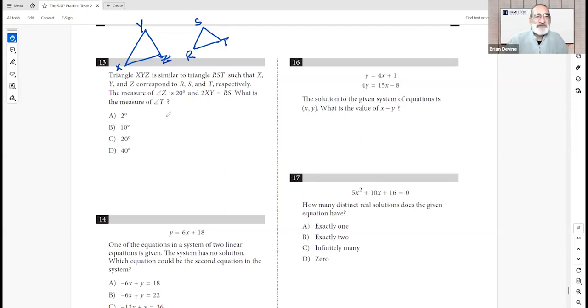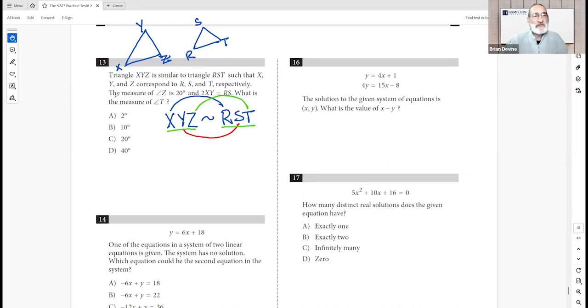In fact, when they say XYZ is similar to RST, then angle X and angle R are the same measure, and angle Y and angle S are the same measure, and angle Z and angle T are the same measure.